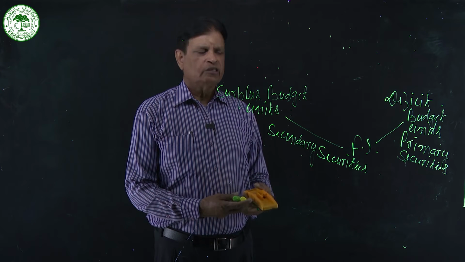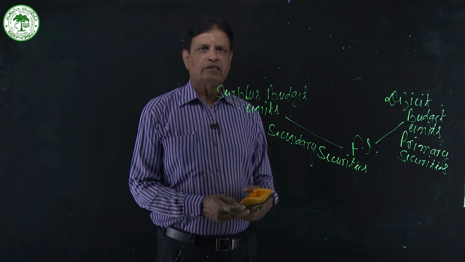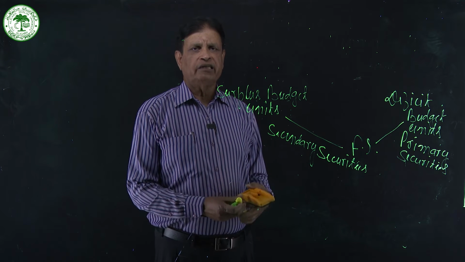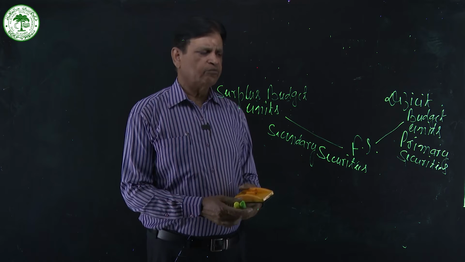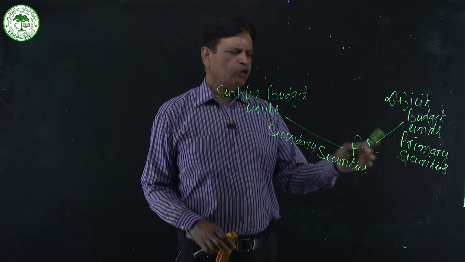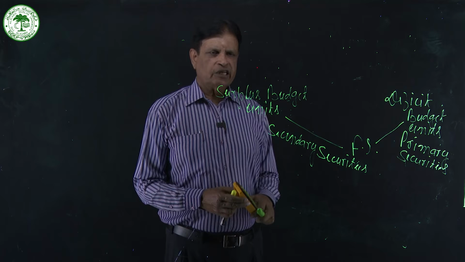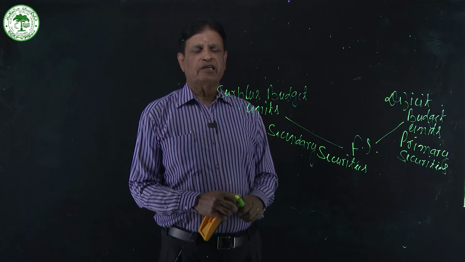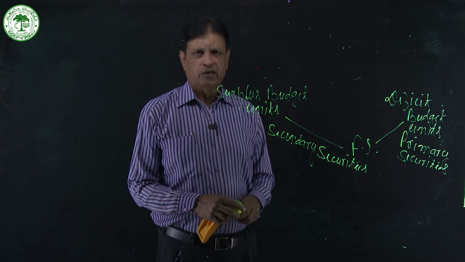What they do is transfer this money to the deficit budget units and earn interest or income. So, therefore, these are primary securities. But the securities issued by the financial intermediaries are called secondary securities.